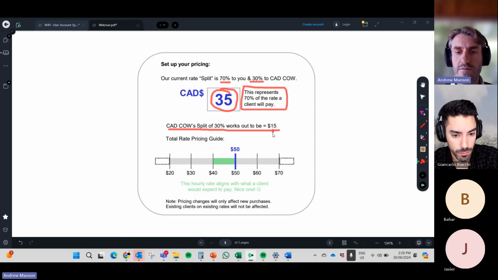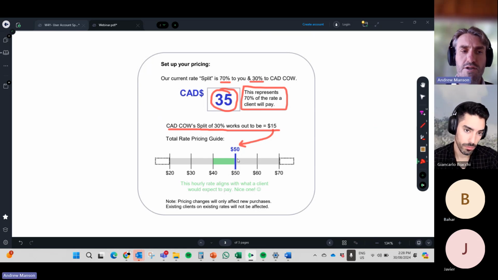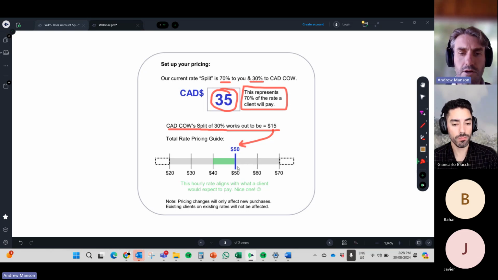When you apply that $15 to your hourly rate, the total rate pricing guide then shows what the client will pay. And depending on your experience level, it will help guide you to providing an hourly rate that we feel clients are willing to pay for someone of your experience level in a certain market.